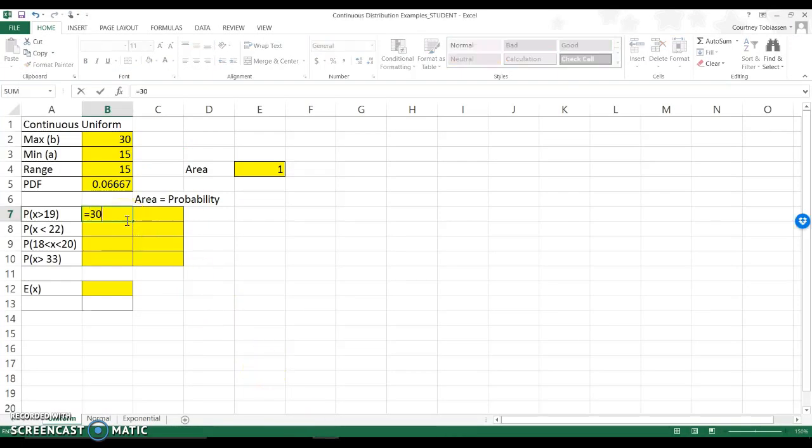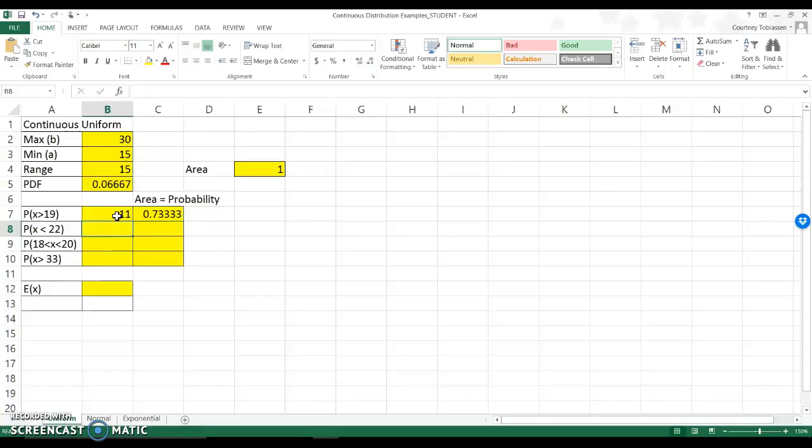So we're just going to say 30 minus 19, so the area is 11. To find the probability of that happening, we take 11 times our probability distribution function. There is a 73% chance of the painkiller kicking in 19 minutes or later for you.